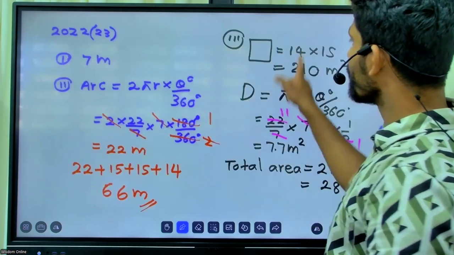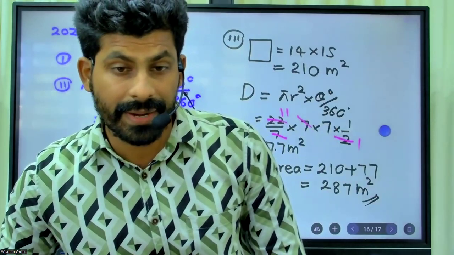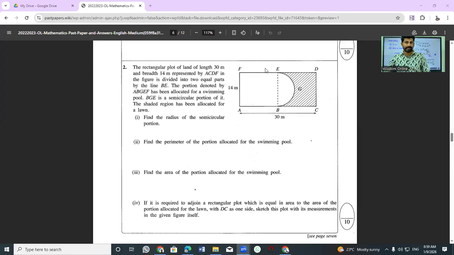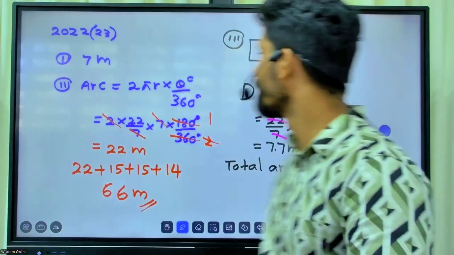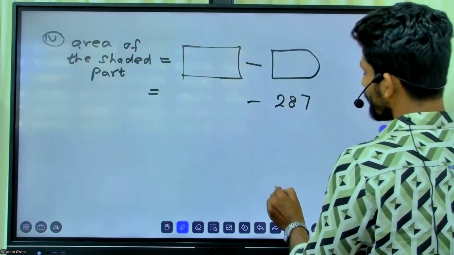What is the area of the full rectangle? 30 multiplied by 14.